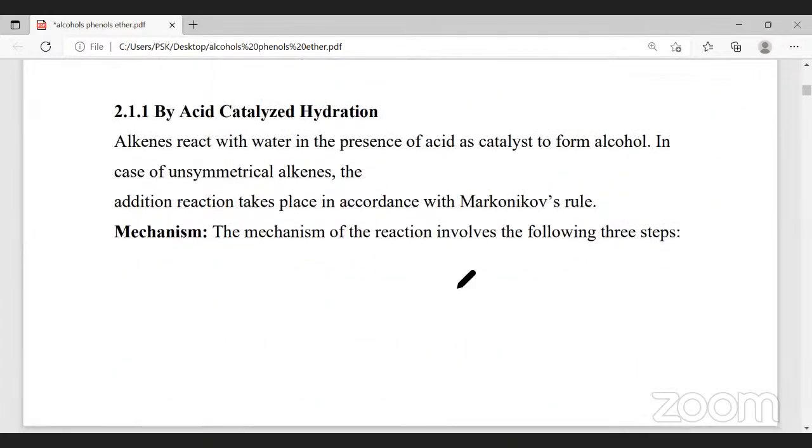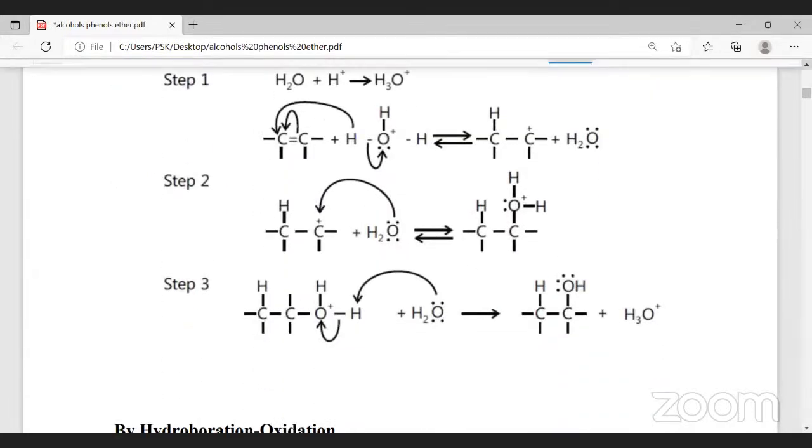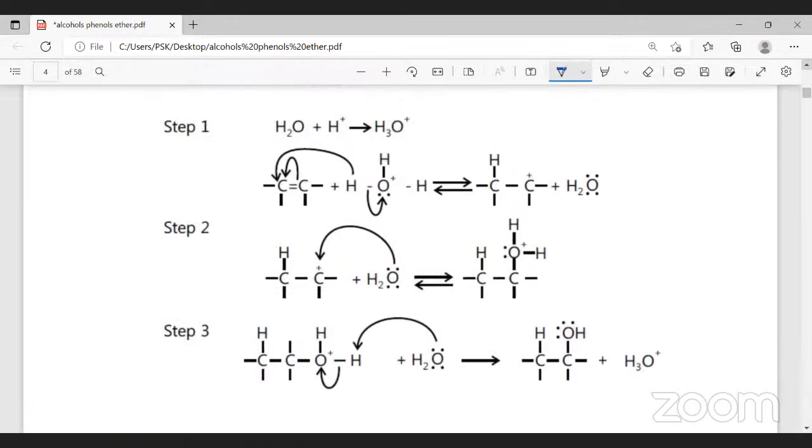When we talk about acid catalyzed hydration, alkenes react with water in the presence of an acid as a catalyst to form alcohol. In case of unsymmetrical alkenes, the addition reaction takes place according to Markovnikov's rule. Now, the first step is that water reacts with an acid to form H3O+.